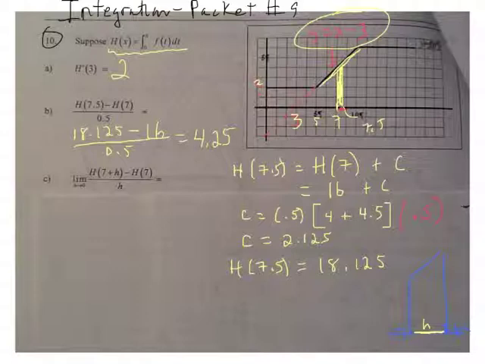So in order to find out what h of 7 plus h is, that's the value of h at 7 plus a little bit more. And in this case, I'll call it a little bit more d.